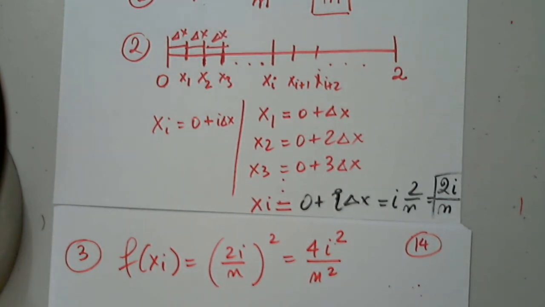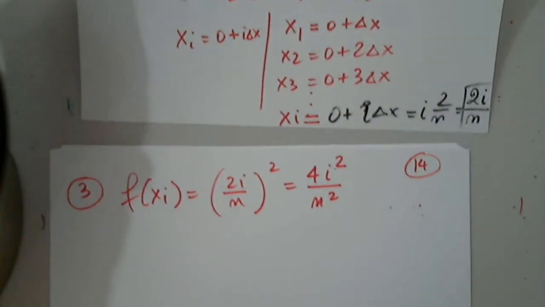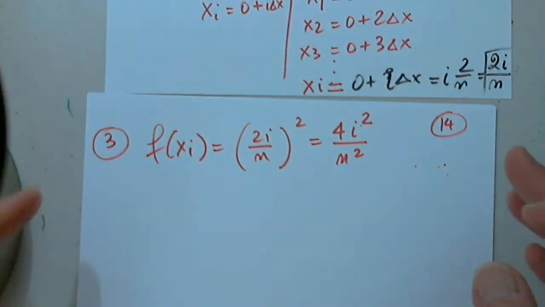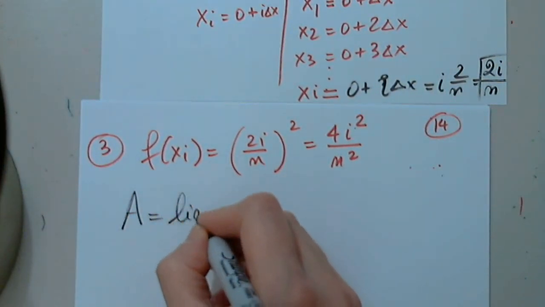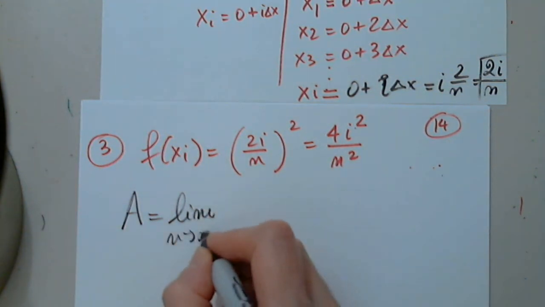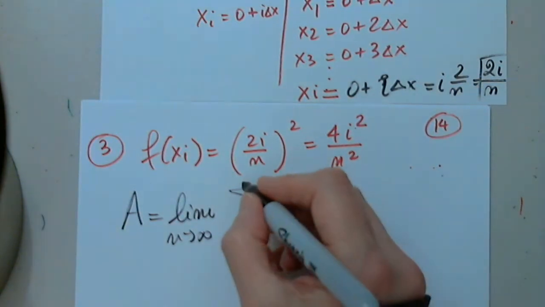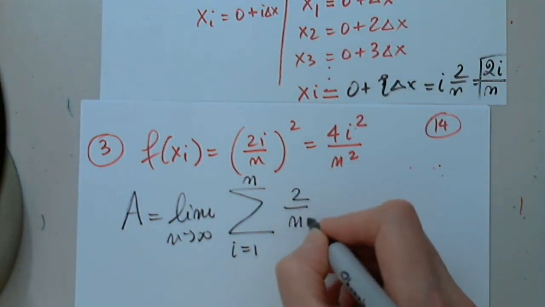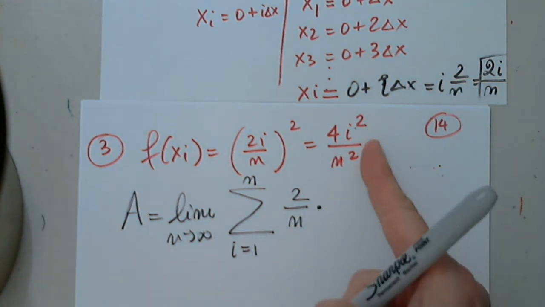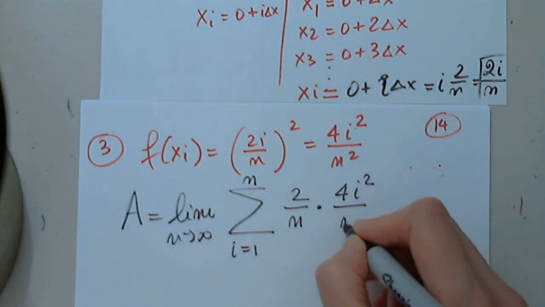No approximations, done. So final step, area equals the limit as n approaches infinity of the sum from i equals 1 through n, delta x, 2 over n, times f of xi, 4i squared over n squared.